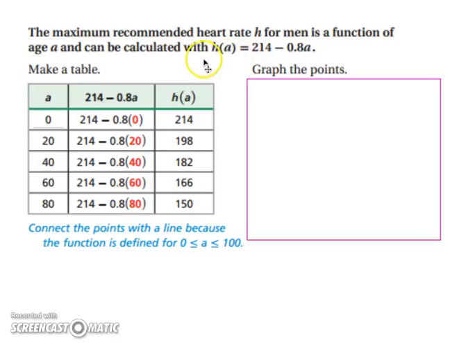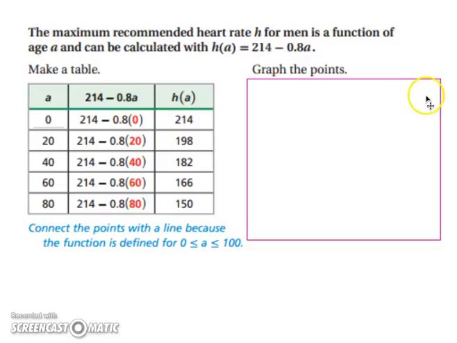H of A is our dependent. What we substitute in for A and then evaluate. So when we substitute a value in, that's our independent value. So our independent here is 0, and we evaluate, and we end up with an output for our dependent as 214. And we'll do that for 20, 40, 60, and 80.